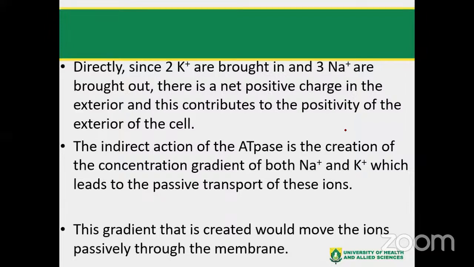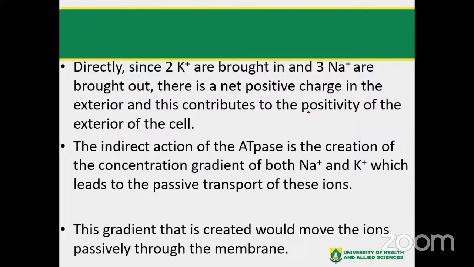Elizabeth, you say you can't hear. I'll repeat what I was saying. I'm mentioning the factors that account for the resting membrane potential of a neuron. Number 1, the passive movement of potassium, which accounts for about 80%.